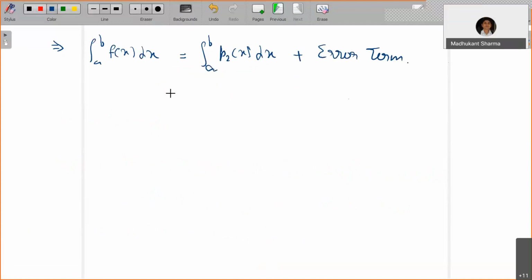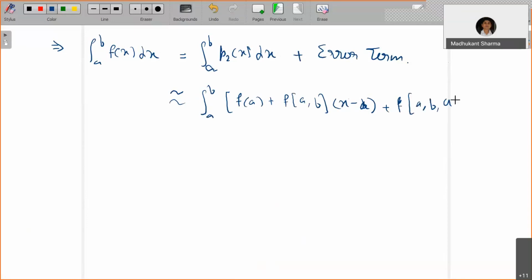So now this is equal to the integration from a to b of f of a plus f of a comma b times x minus a plus f of a comma b comma a plus b by 2 times x minus a into x minus b dx, plus the error term.